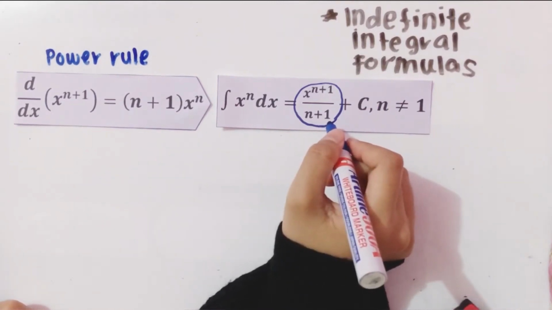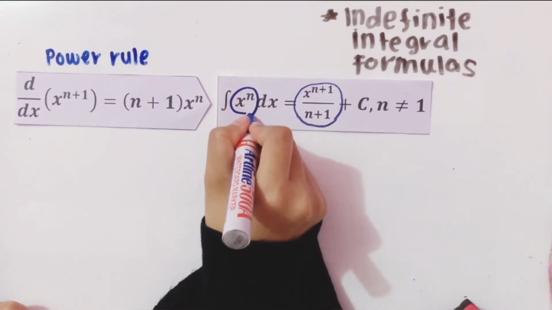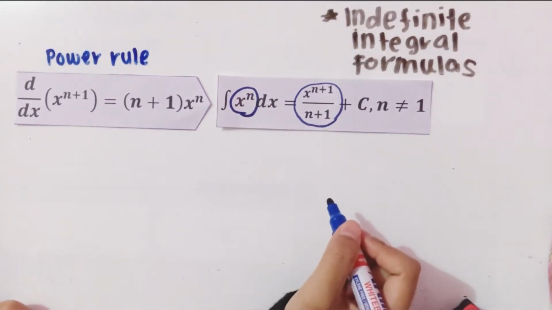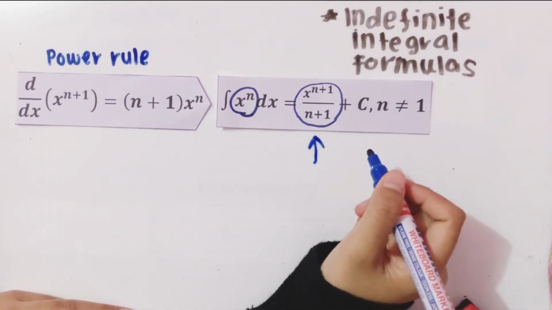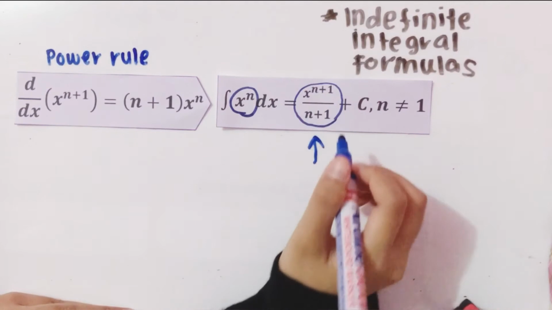So how to prove that the power function is the antiderivative for x to the power of n? We have to differentiate this one.